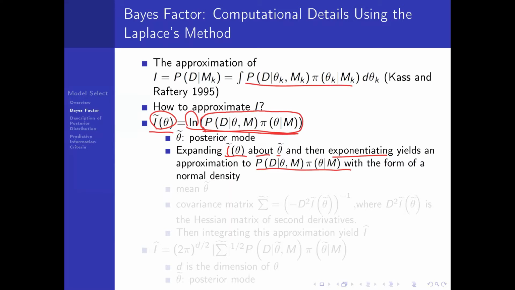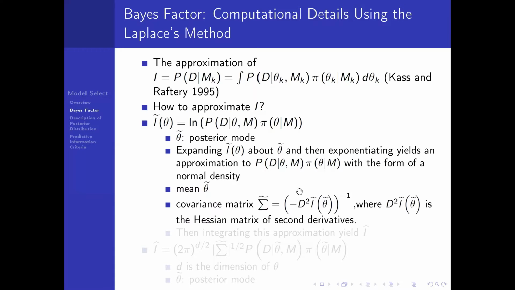In that case, we're going to have the form of a normal density with a mean of theta tilde and covariance matrix, basically the inverse of the Hessian matrix.